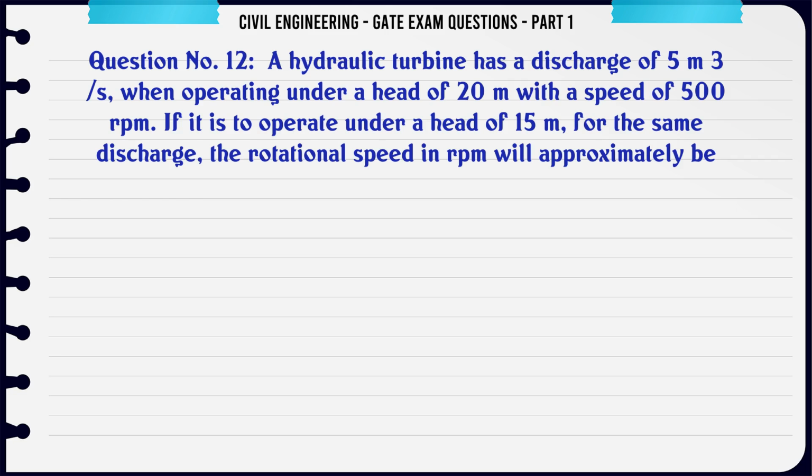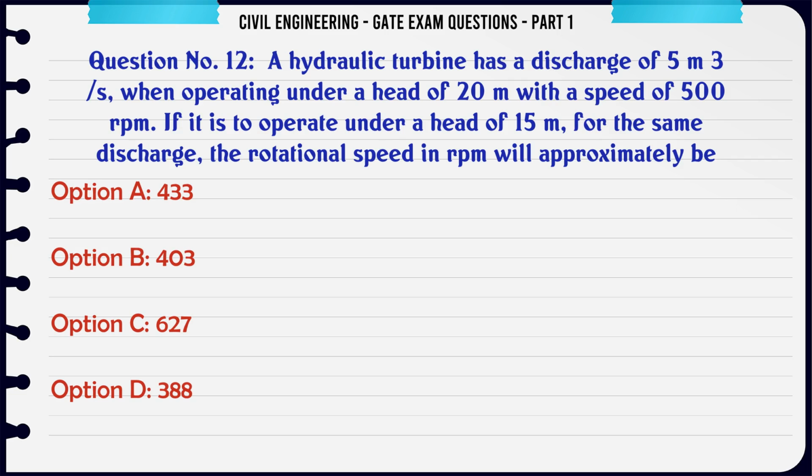A hydraulic turbine has a discharge of 5 m³/s when operating under a head of 20 m with a speed of 500 rpm.